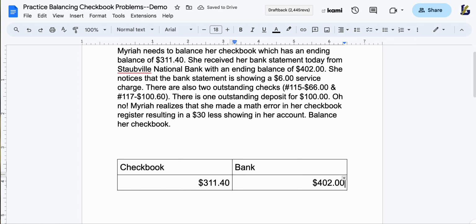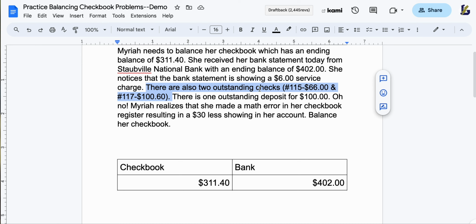So clearly these are not the same. The accounts are balanced when the numbers are equal. So something's not right here. And I always start with the bank side because, believe it or not, the bank is probably wrong. If I take a look here, there are two outstanding checks.